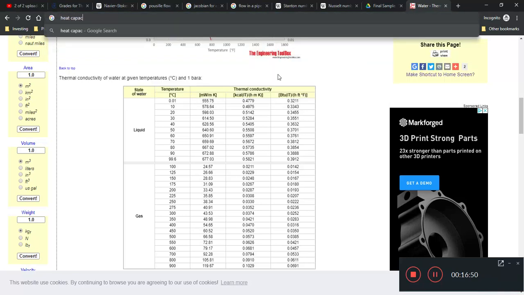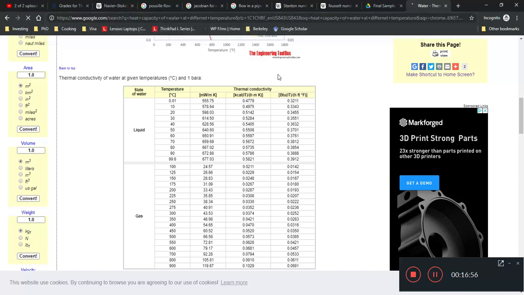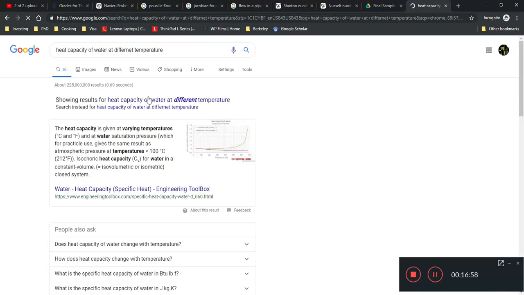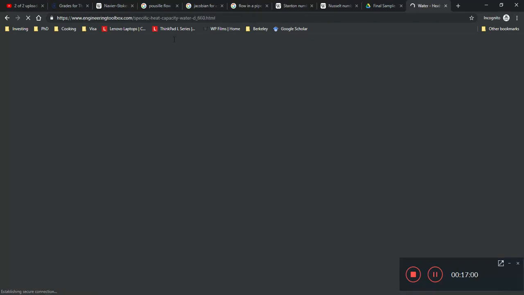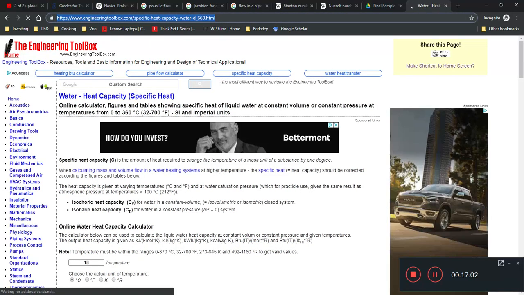Heat capacity of water at different temperatures. Okay, this is the last one, very important.